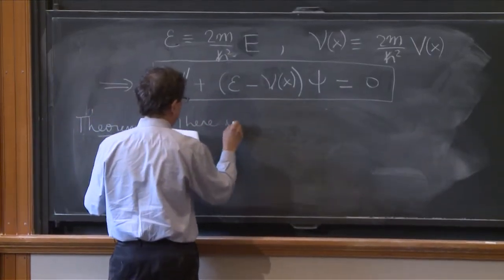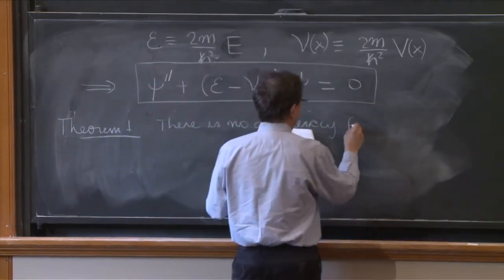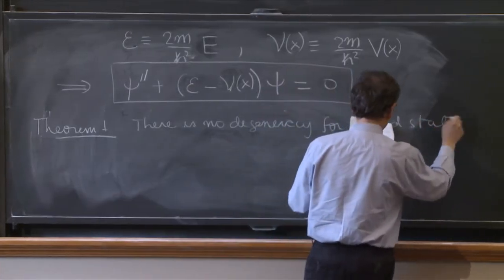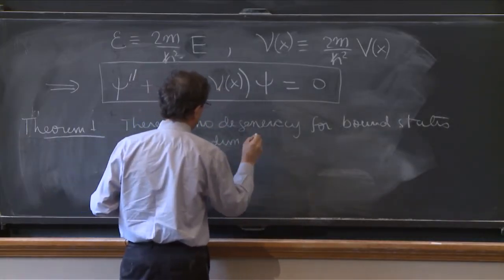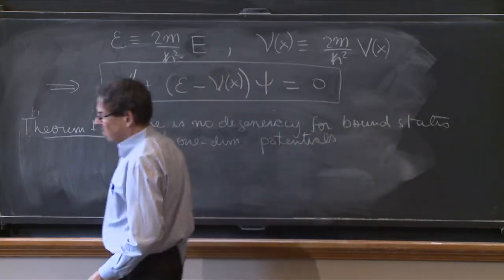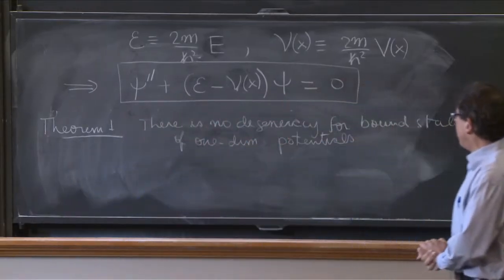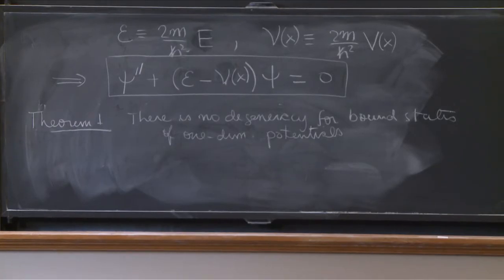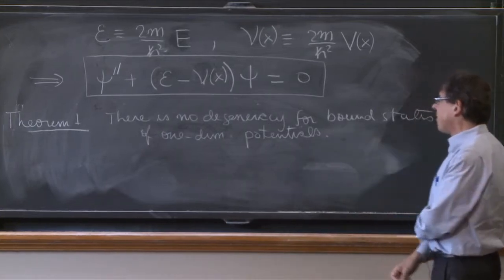There is no degeneracy for bound states of one-dimensional potentials. So it's a fundamental result. We'll see some way to understand it a little later. And you have seen this in 8.04, I believe.